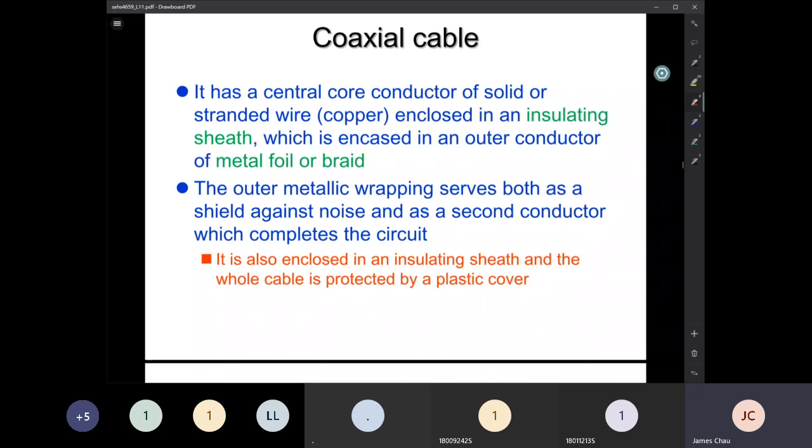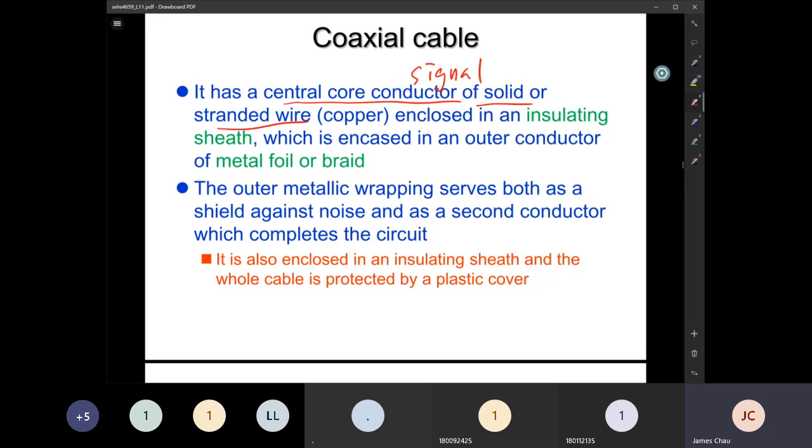In the coaxial cable, we have a central core conductor which brings out the signal. It can be solid or stranded wire, again in order to reduce the material used.